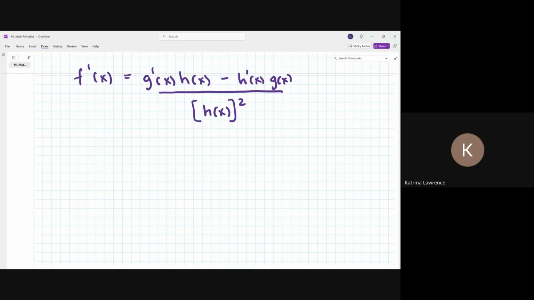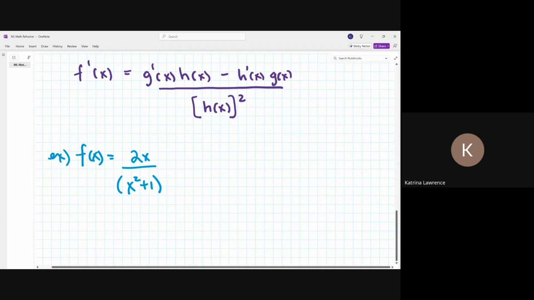So here, in this example, we have that f of x equals 2x over x squared plus 1. Now we'll do something similar. We can define our function on the top as g of x, the numerator, and h of x as our denominator.